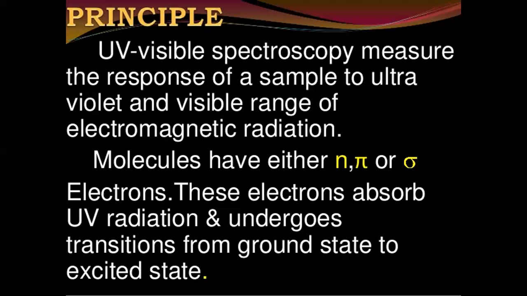Not all transitions are observed, but from HOMO to LUMO you can observe. The symmetry relationship between these two types of orbitals, HOMO and LUMO, is important in these transitions.